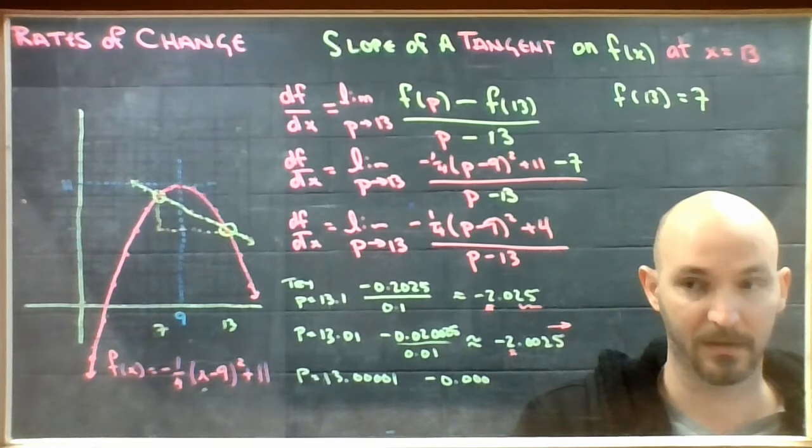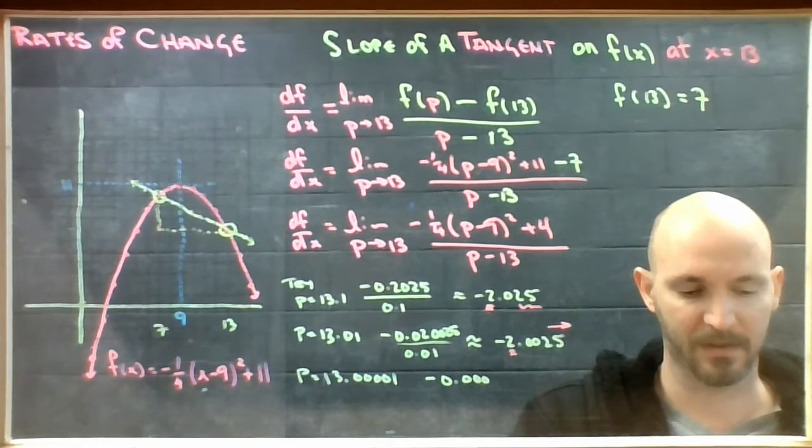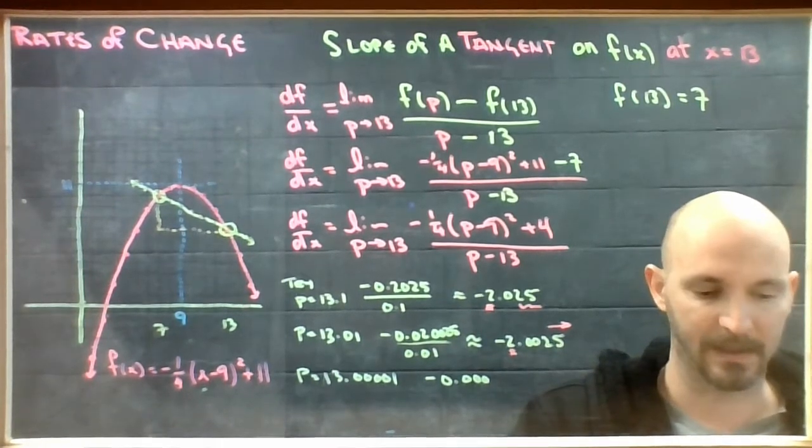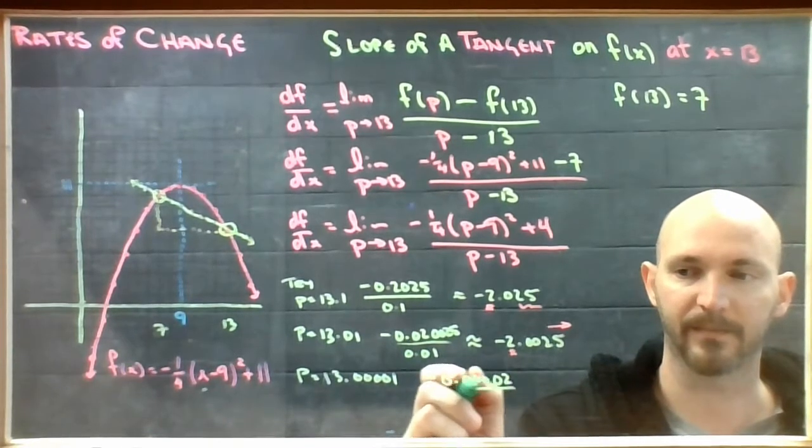13.12341 minus 9 squared times negative 0.25. Okay. Plus 4. Negative 0.00002.